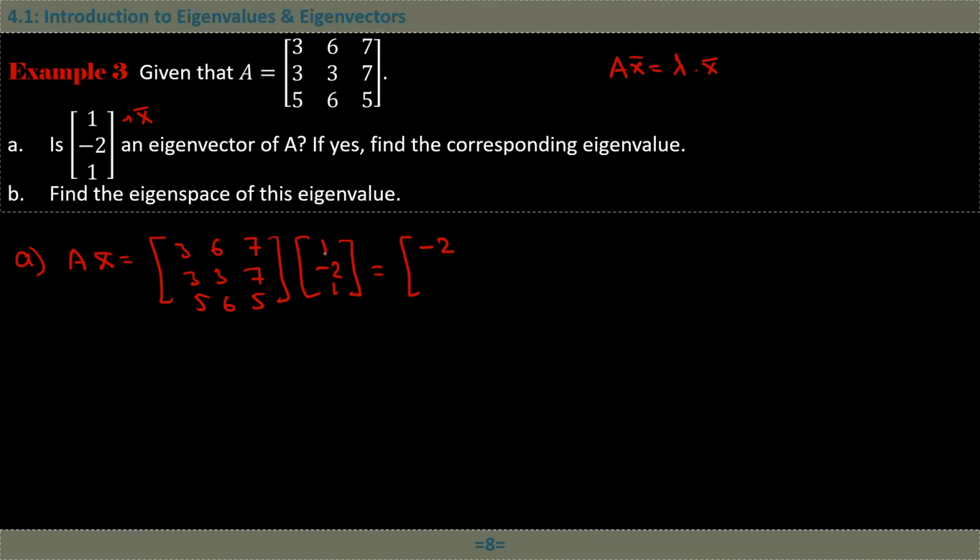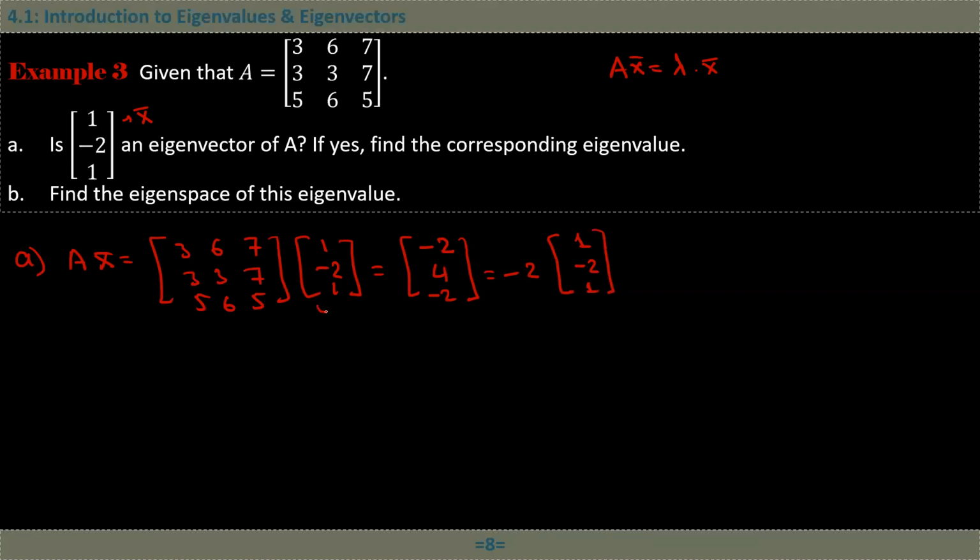And 3 times 1 is 3, 3 times negative 2 is negative 6, so it is negative 3, plus 7, it is 4. And 5 times 1 is 5, 6 times negative 2 is negative 12, so it is negative 7, plus 5, negative 2. They have a common factor in all of these components. What is it? It's negative 2. If we take this negative 2 out, we have 1, negative 2, 1.